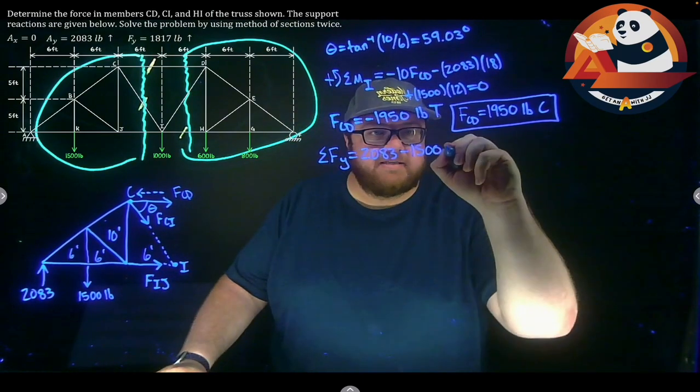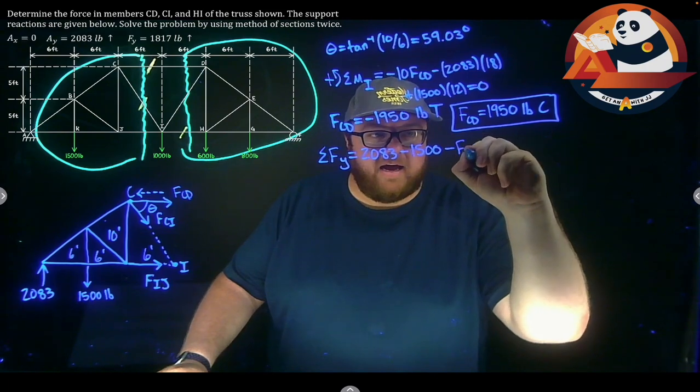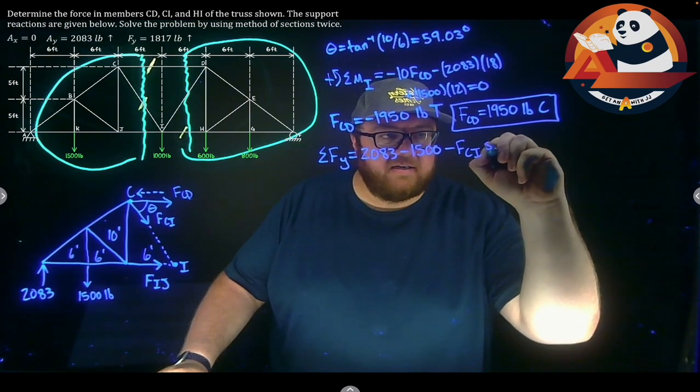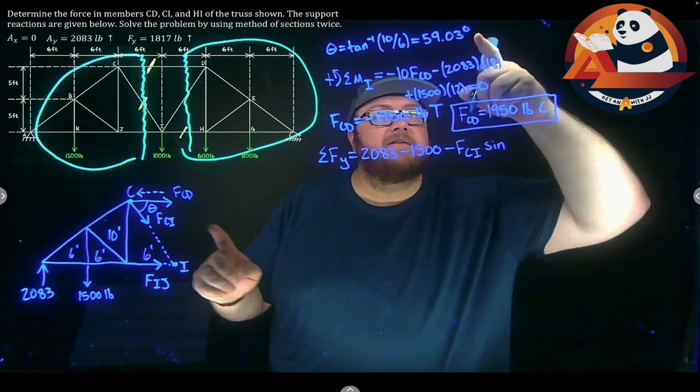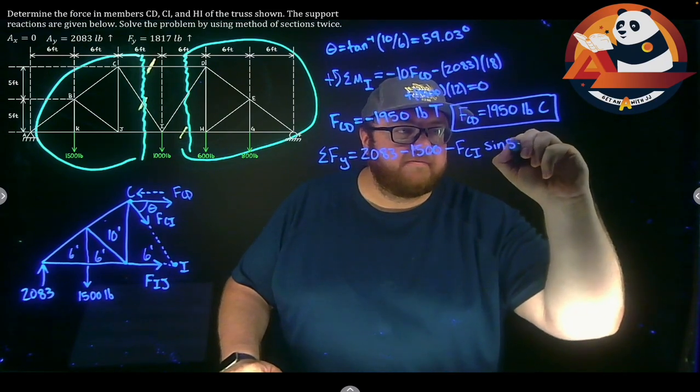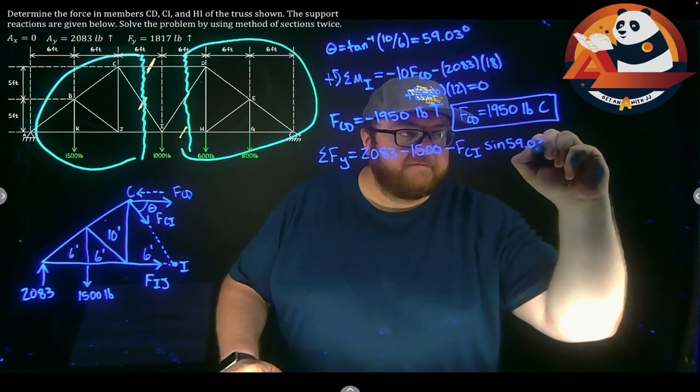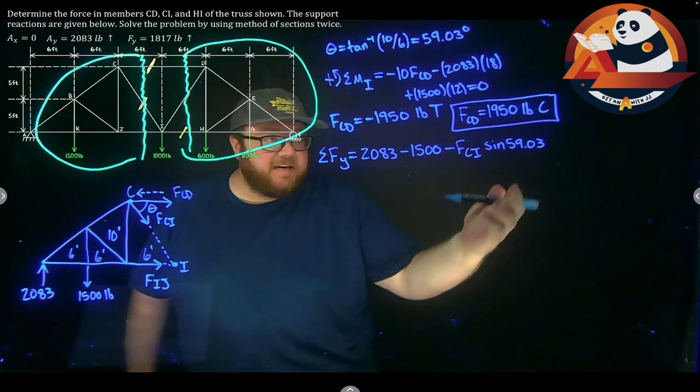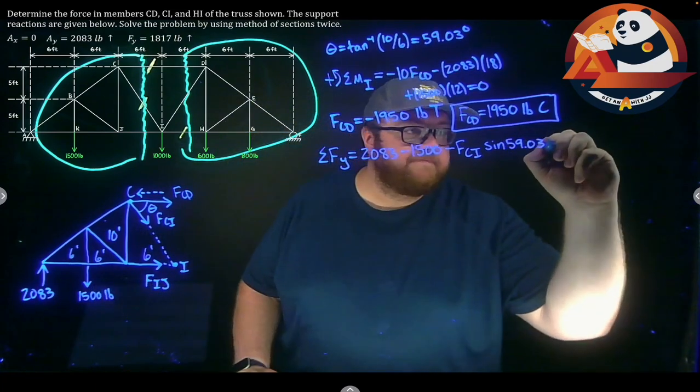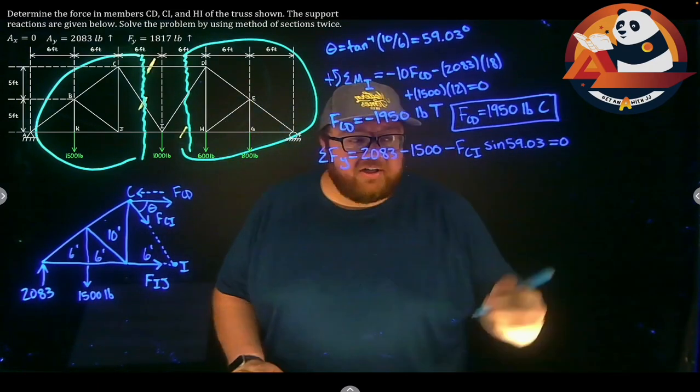So minus FCI times the sine of theta, 59.03. That's going to get us to 0, which I can solve.